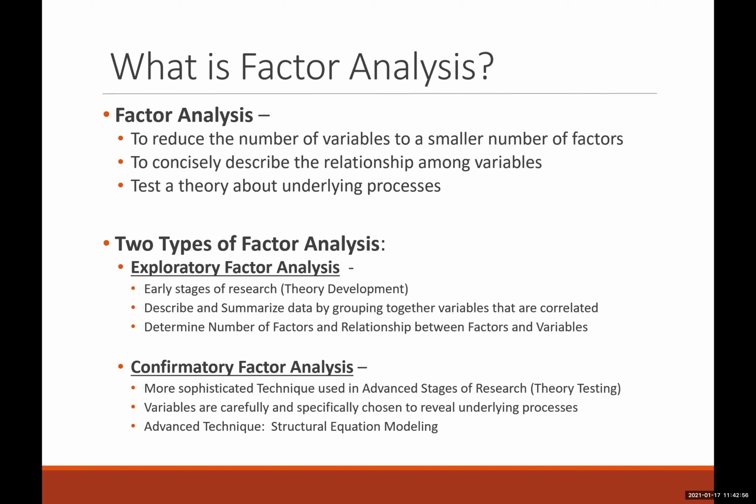The second type of factor analysis is confirmatory factor analysis. This is also referred to as structural equation modeling, or SEM, or path analysis, where in confirmatory factor analysis, you can actually get to A causes B, B causes C, or B moderates how A causes C. You can get to that with confirmatory factor analysis or structural equation modeling.